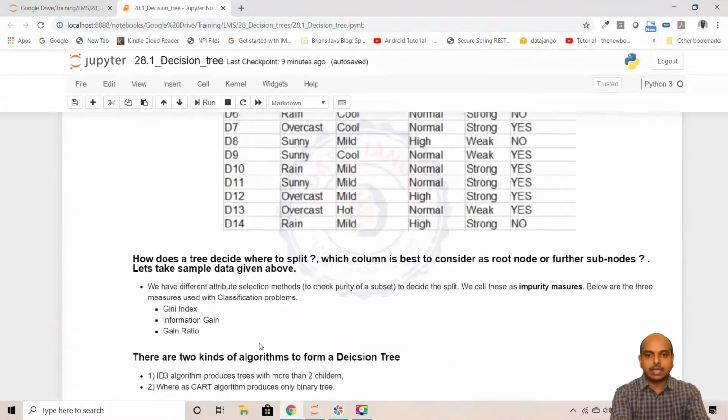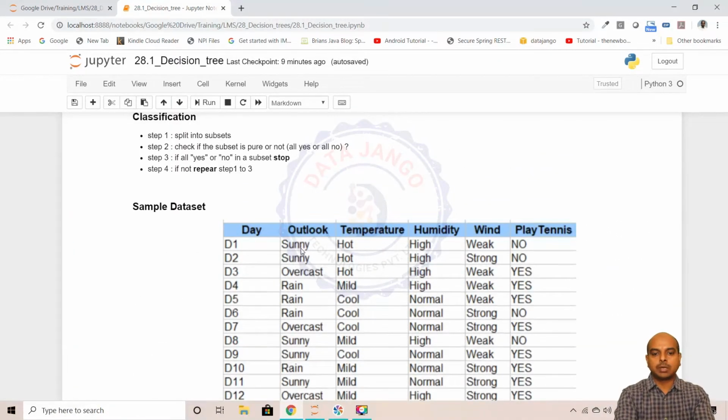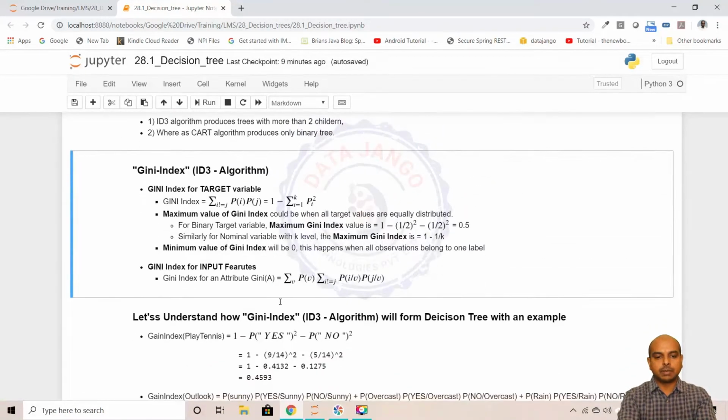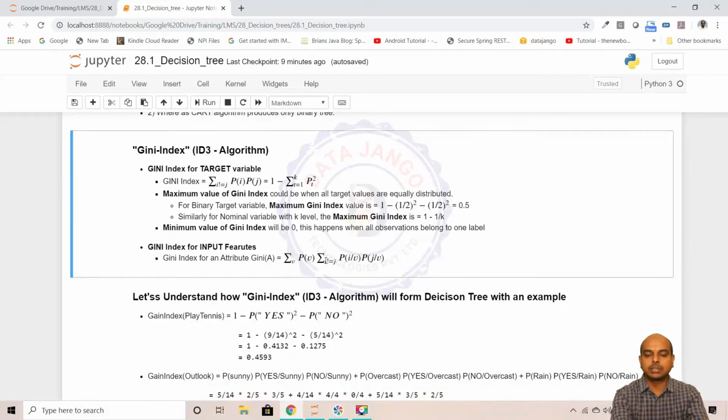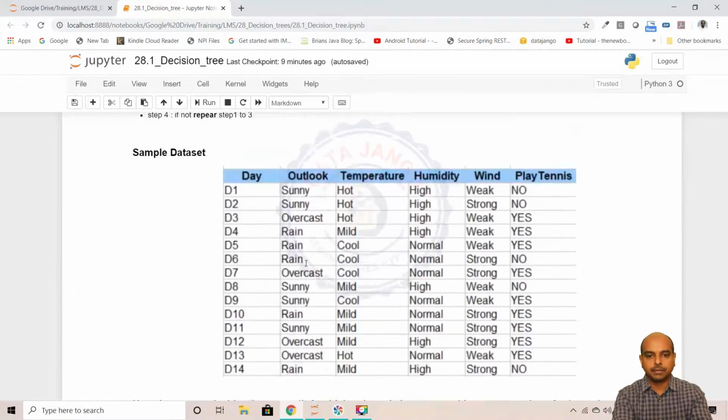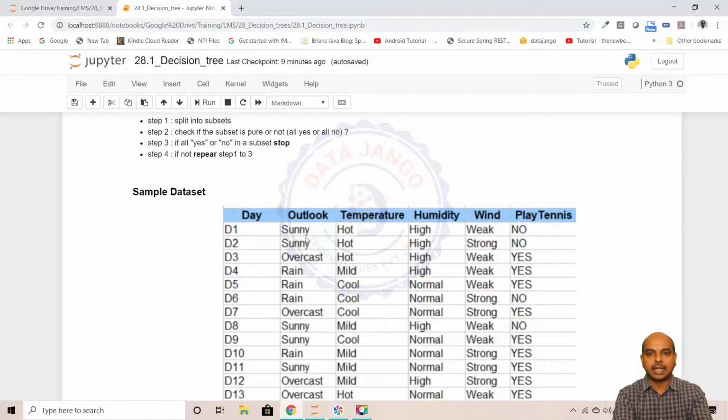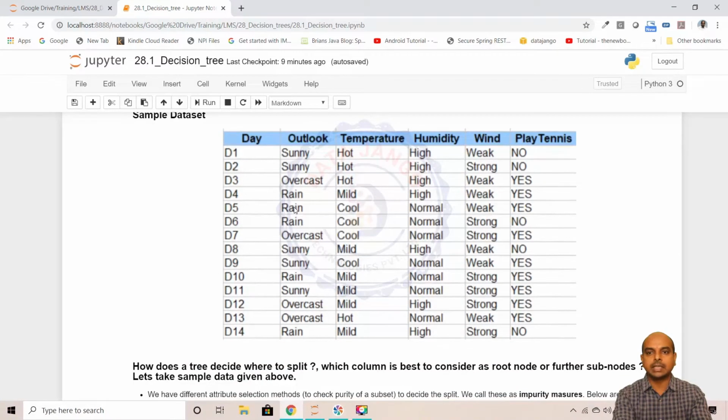To calculate a given input column's Gini index, we need to use this formula: sigma probability of v into sigma i not equal to j probability of i given v into probability of j given v. Here v is a value in the attribute. If you take outlook, sunny is one value, overcast is another value, rain is another value.